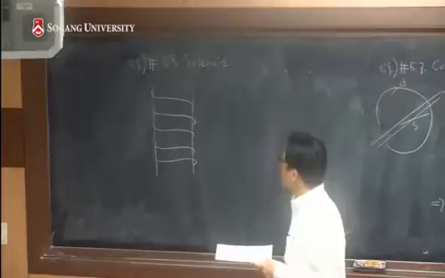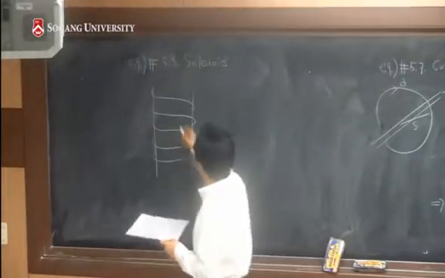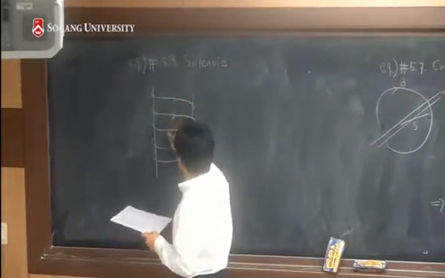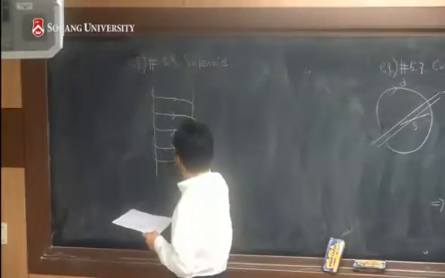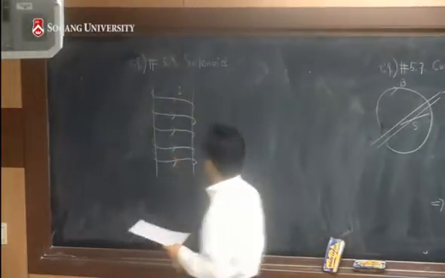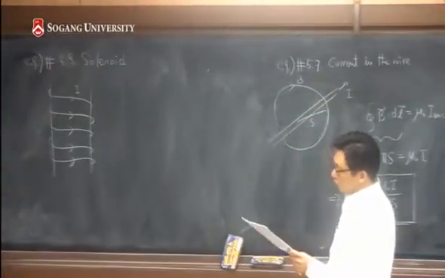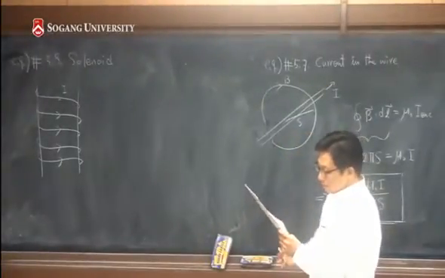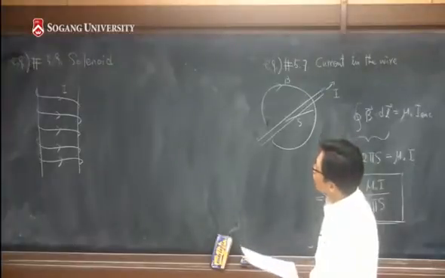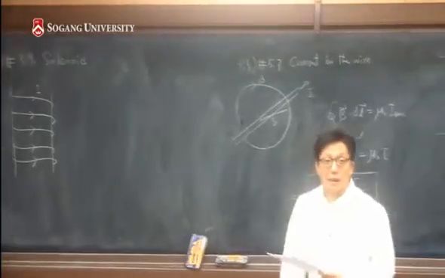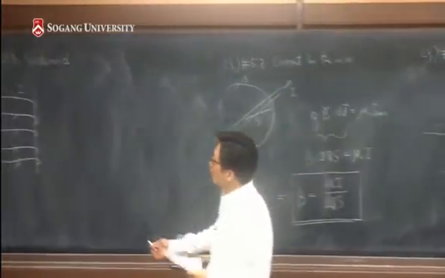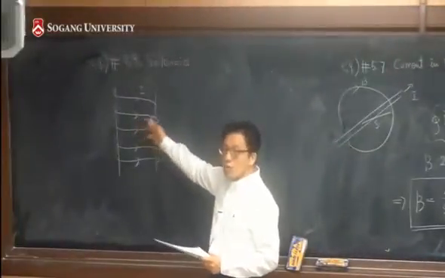And let's say there is a current flowing along the wire, which is wound in a column-shaped volume. Then the question we ask is what will be the magnetic field, either inside the solenoid or outside the solenoid in this case. Okay?